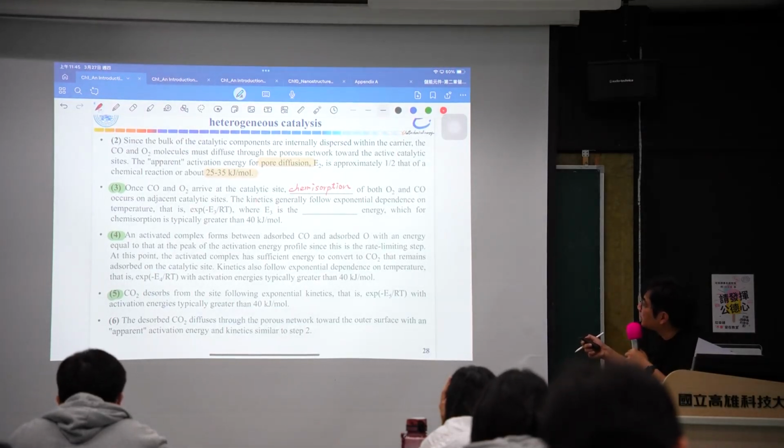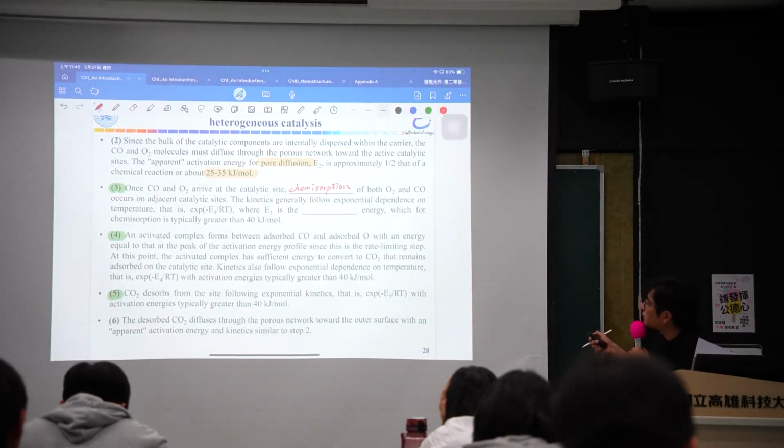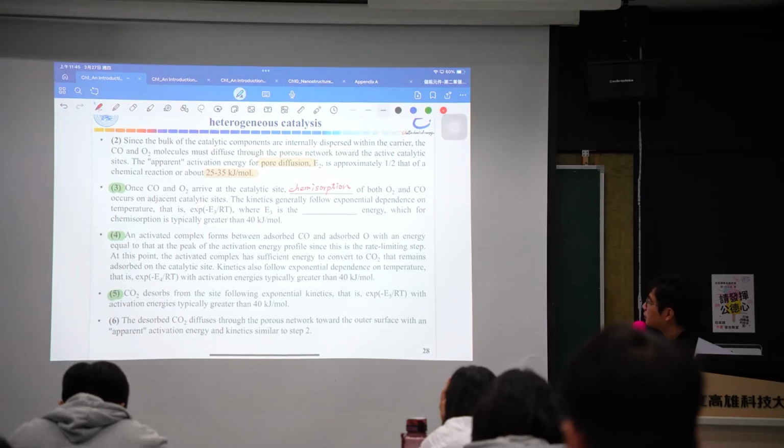Okay. So the kinetics generally follow exponential dependence on temperature.